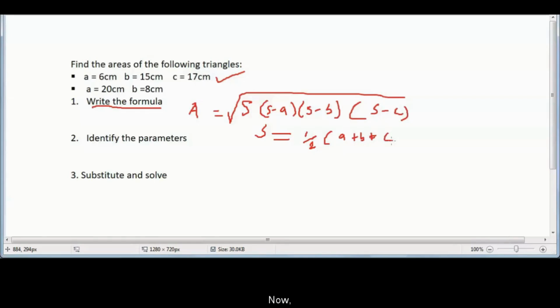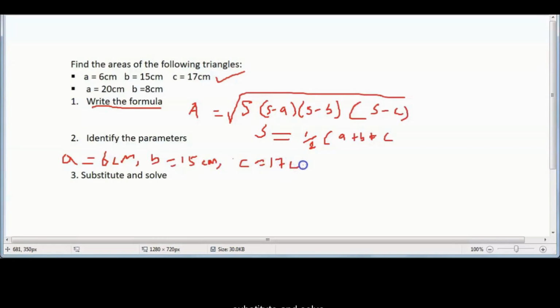Now, having written the formula, you identify the parameters. For the first part of the question, we have A is equals to 6 centimeter, B is 15 centimeter, and C is 17 centimeter.